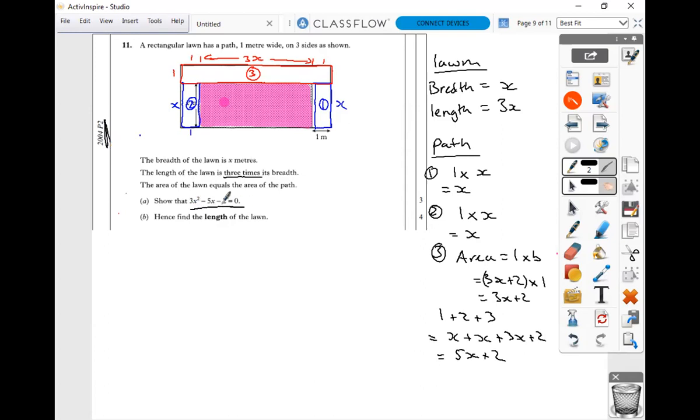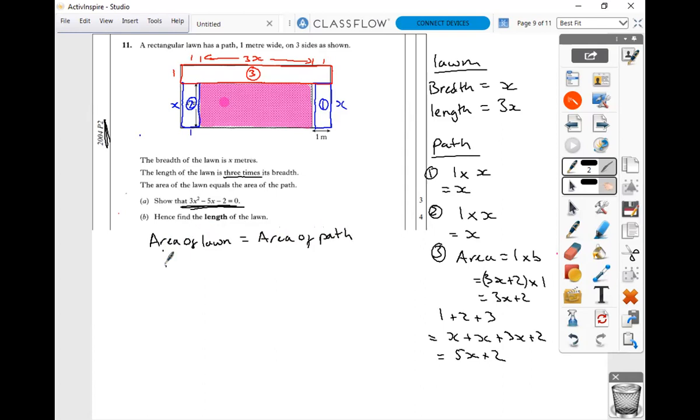Okay, so we're showing that the area of the lawn equals the area of the path. So we want the area of the lawn. Area of lawn equals area of path.